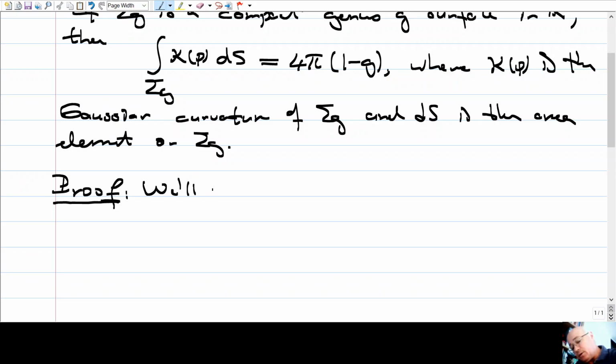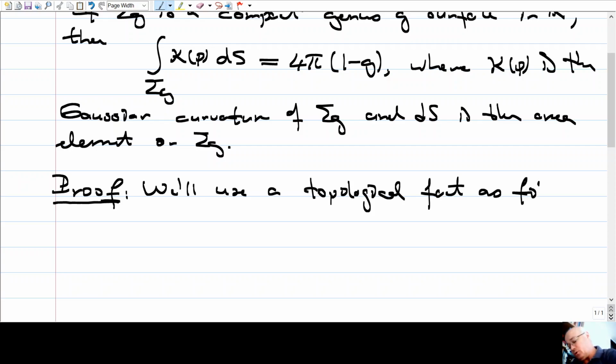So we will use a topological fact as follows.